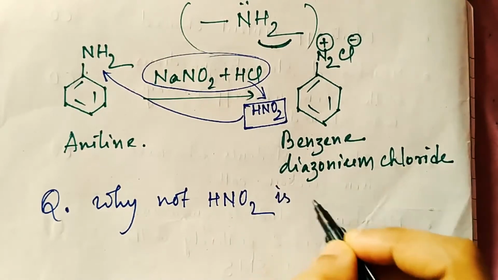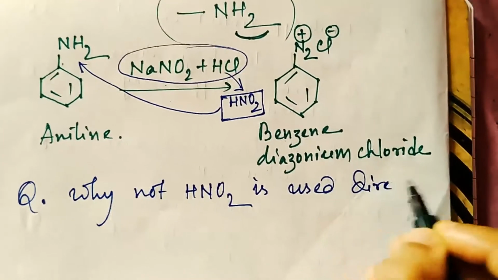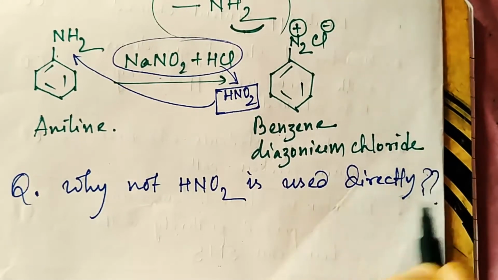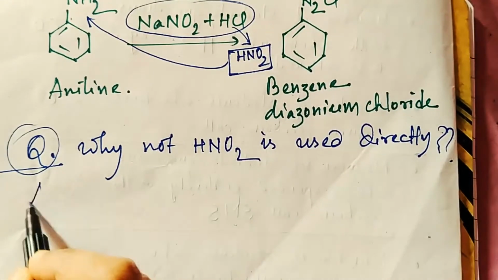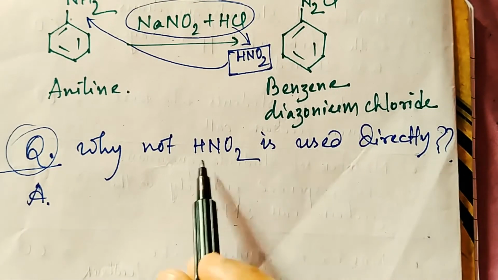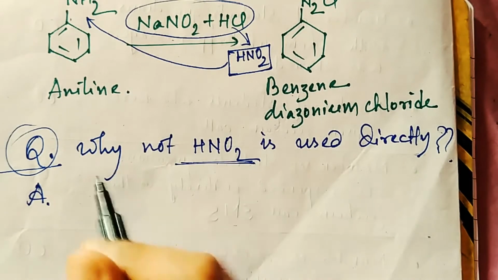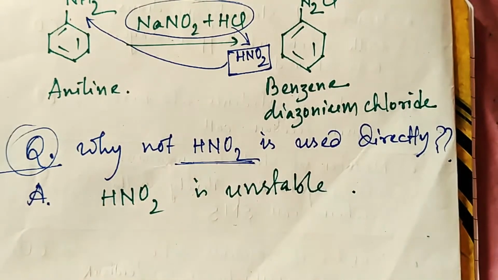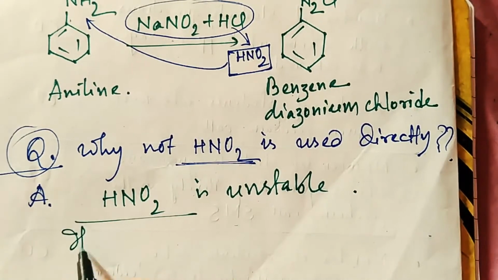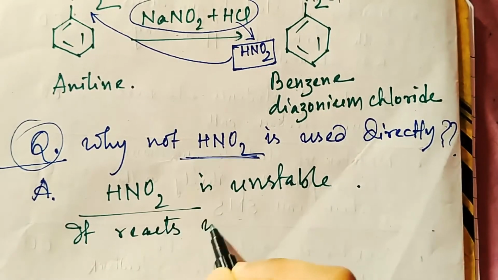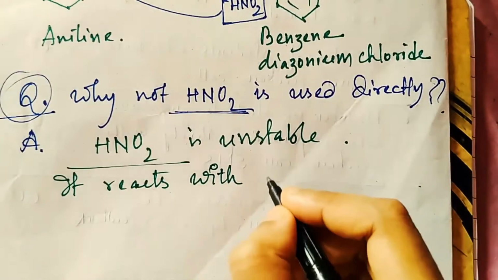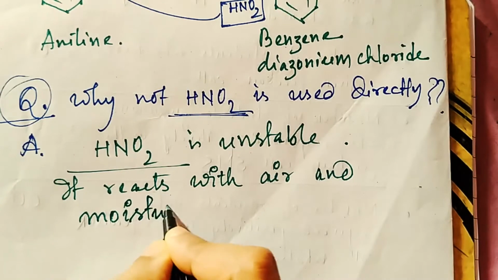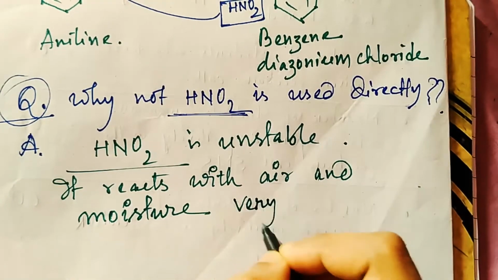The answer is that HNO2 is unstable, so it reacts with air and moisture very quickly.